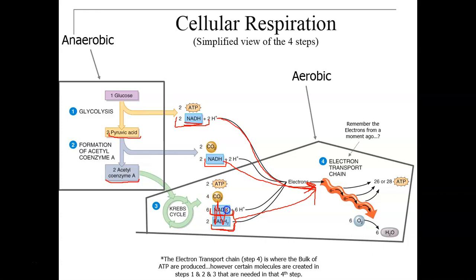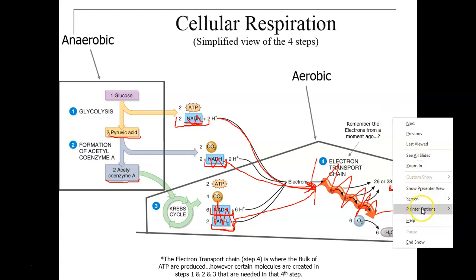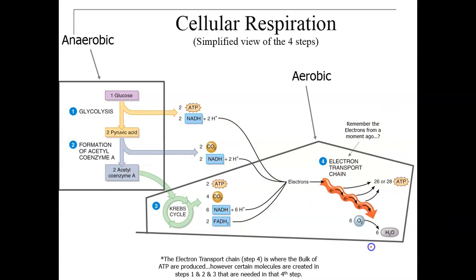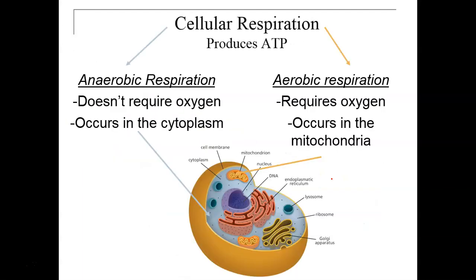Without these molecules, let's just imagine they didn't exist, this wouldn't exist either. That's a problem, because the electron transport chain leads to huge numbers of ATP. So remember, each step has to occur in order for the next step to begin.